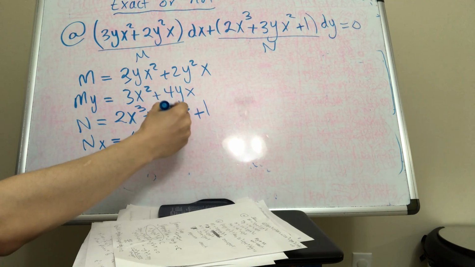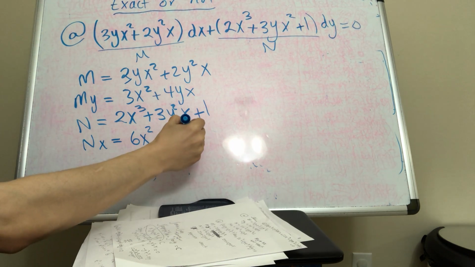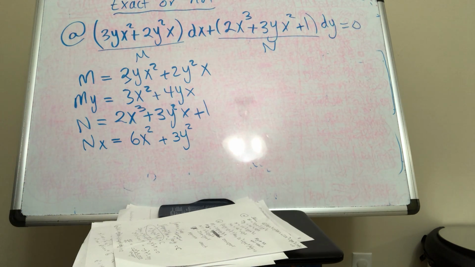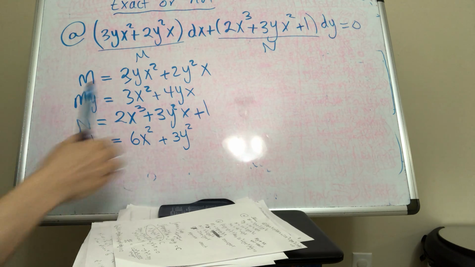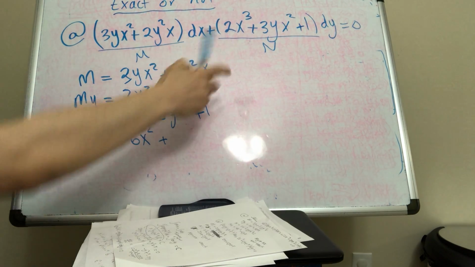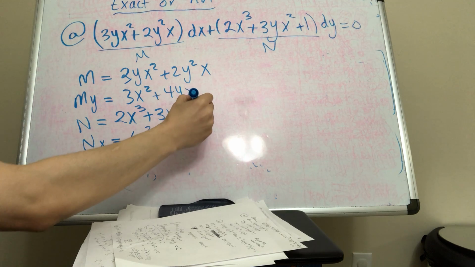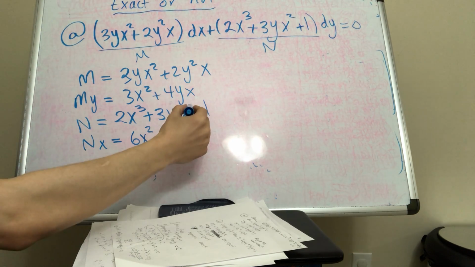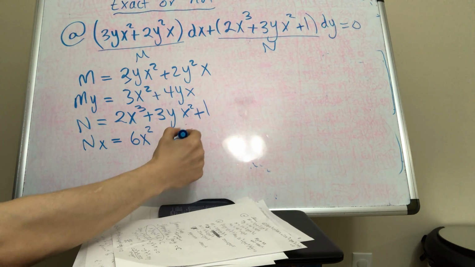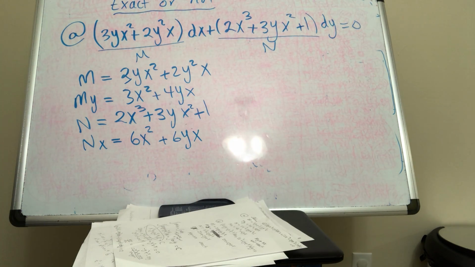A constant in front of the x would be the constant, and 1 is gone. Sorry, I keep writing them wrong, so here. The derivative with respect to x, 2 times this, 6yx, and the derivative of 1, nothing.